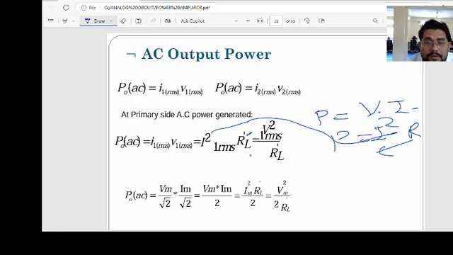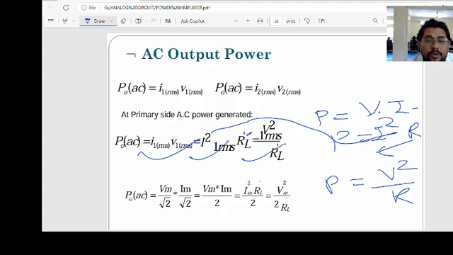RL is the load. Power has three formulas: and another is voltage square divided by the load RL.